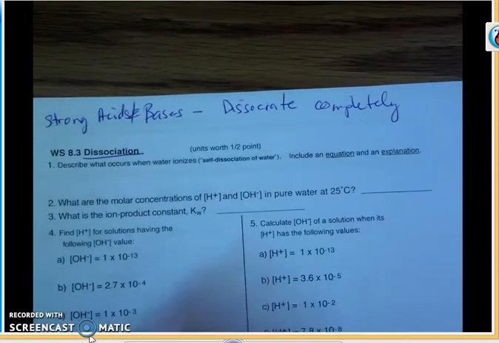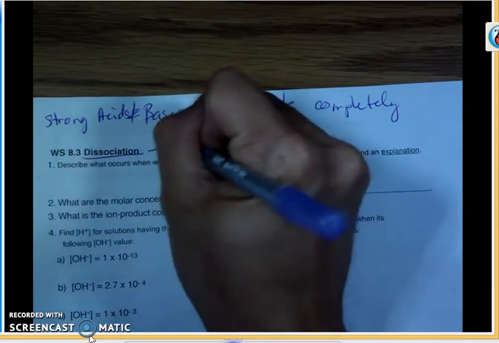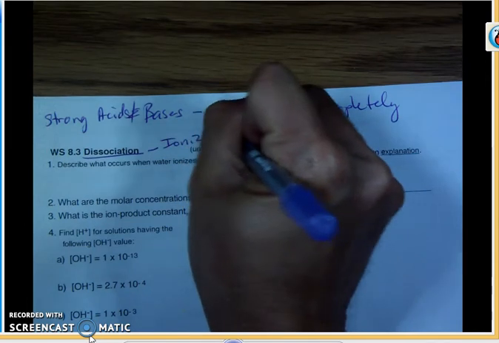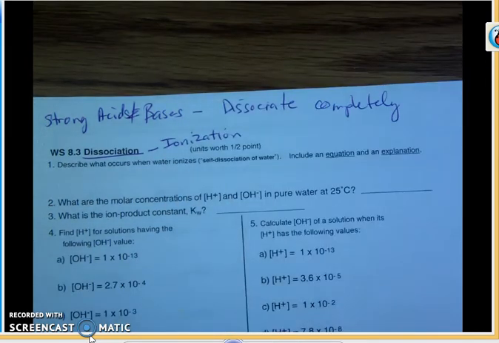And dissociation means ionization. Another word for dissociation is ionization. They split up into ions, positive ions and negative ions, in a water solution.